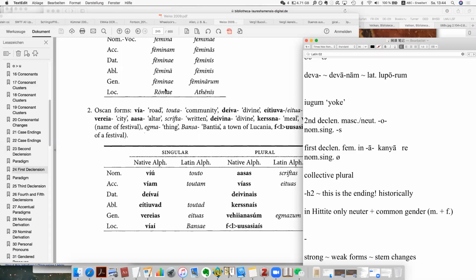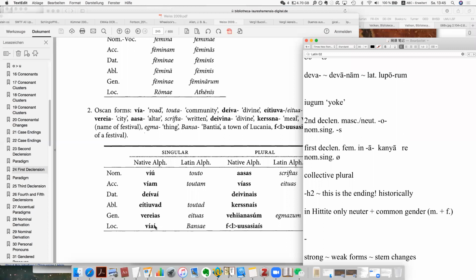Dative is I and genitive is I. But if you check the Oscan form, dative is I and genitive is us. So this S reminds you again of the genitive, right? I assume that you also know that S can function as the ending of genitive, like in English, someone's, the S.